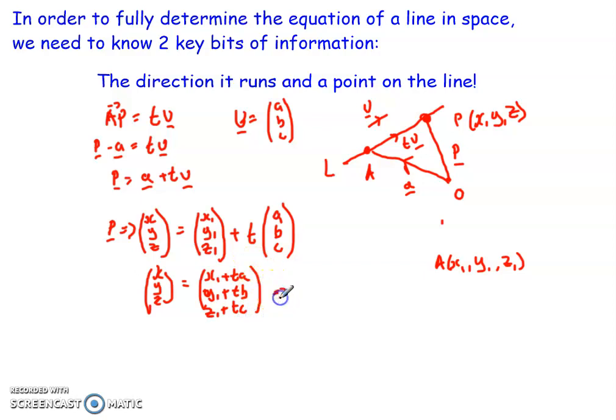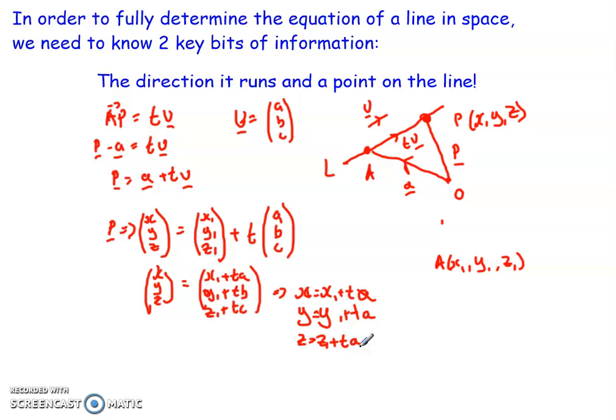What that then lets me do is write each of these out and say fine, so I know then that x equals x1 plus ta, y equals y1 plus tb, and z equals z1 plus tc.